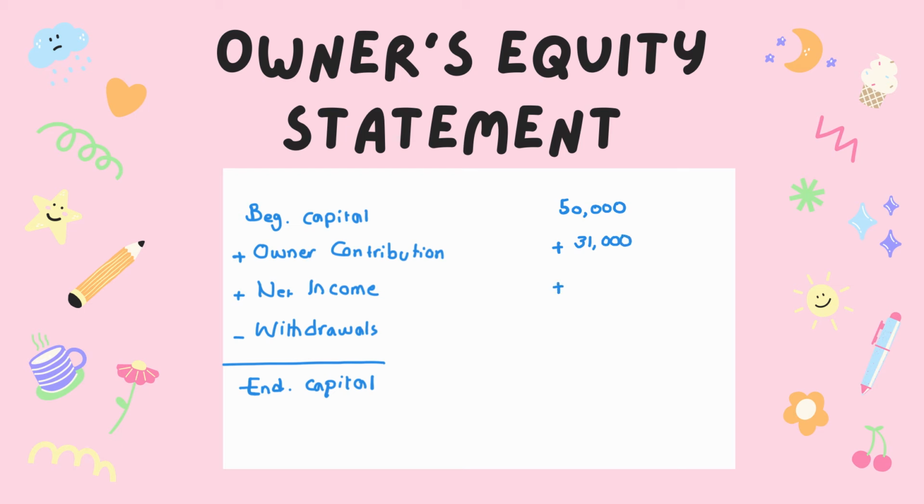From the income statement, you're gonna get it, it's 71,400 less withdrawals from the first column, it's 27,000 equals ending capital. So ending capital for 2016, it's gonna be 125,400.